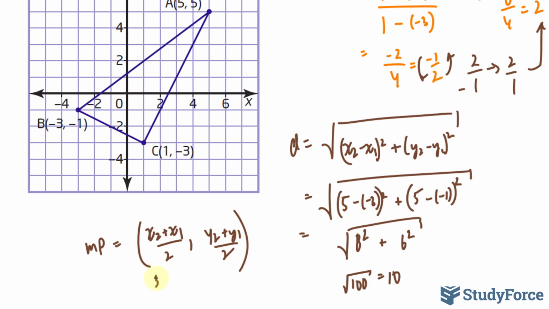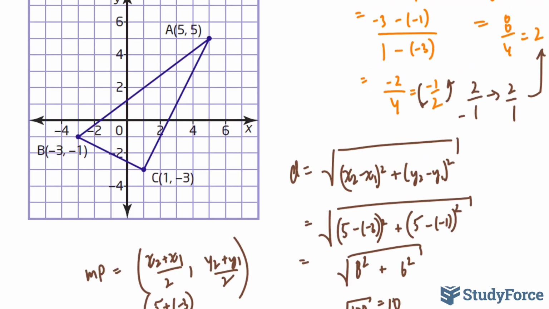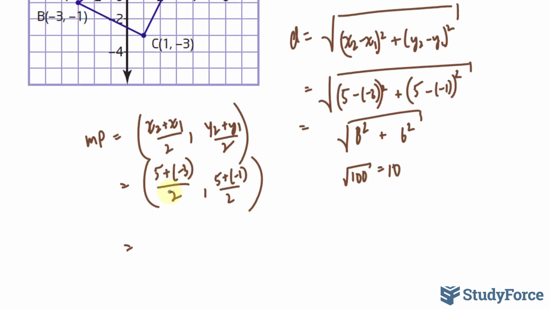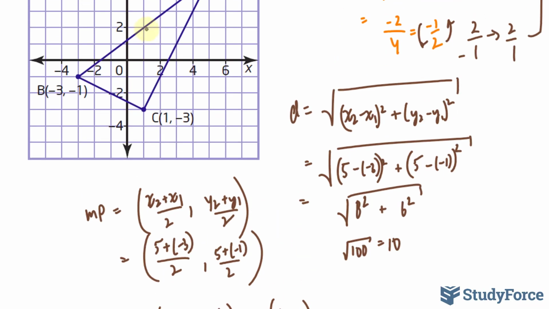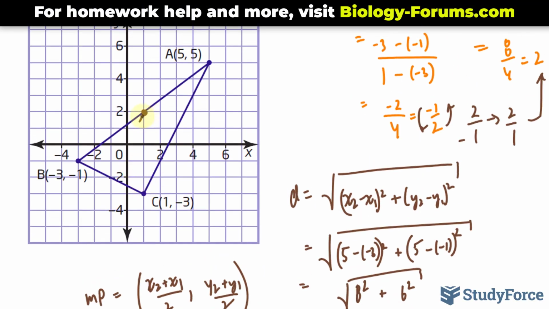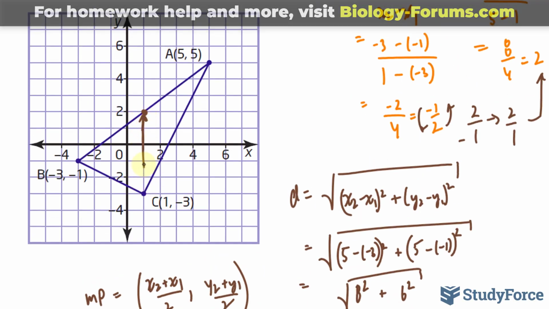We have 5 plus negative 3 over 2, and 5 plus negative 1 over 2. 5 plus minus 3 is equal to 2 over 2, and 5 plus minus 1 is 4 over 2, which means the coordinates are 1 and 2. That is right here. Therefore, our median will extend from the vertex over to here.